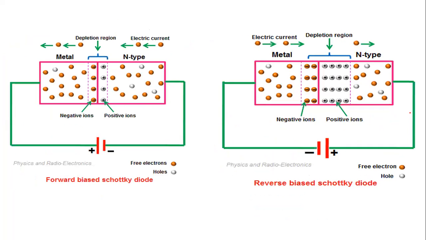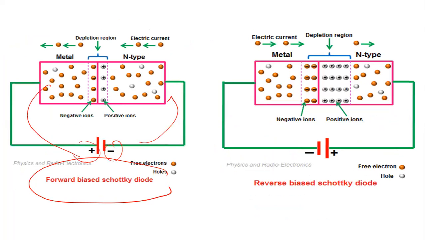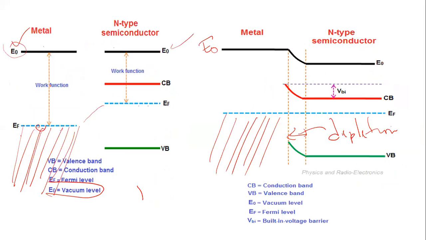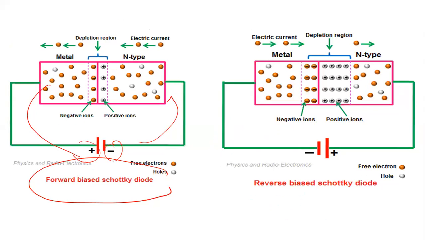So when you forward bias a Schottky diode, that is, when you are connecting negative to the n-type and positive to the metal here, free electrons in this conduction band will be given enough energy to overcome this potential barrier, and the usual IV characteristics curve of this forward bias will more or less occur across this.